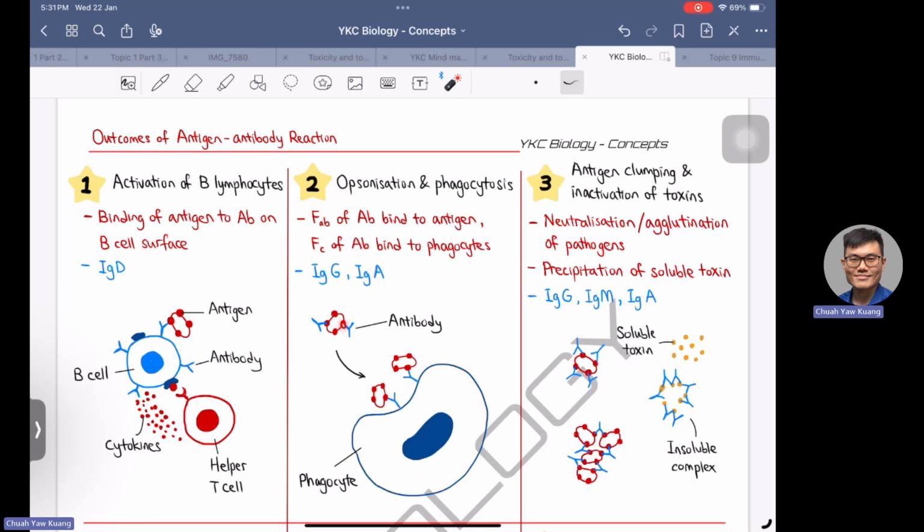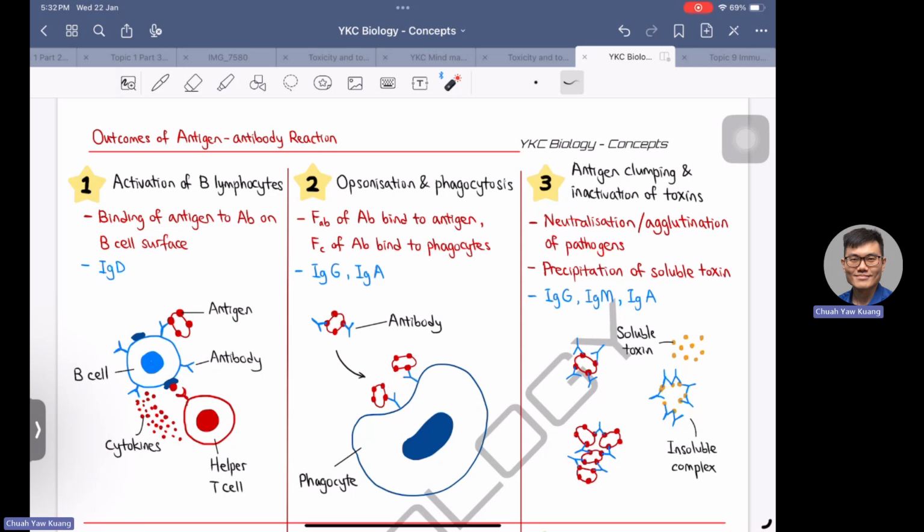So this antibody, after they bind to the antigen with the FAB region, will bring this antigen towards the phagocyte and bind to the receptor on the surface of the phagocyte through the FC region.